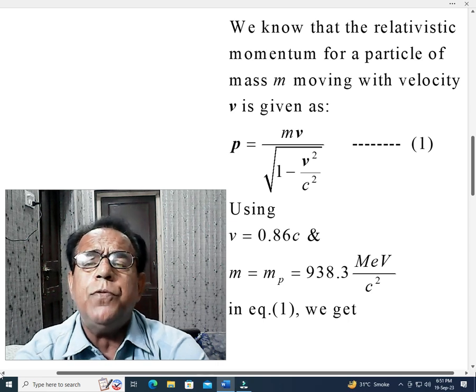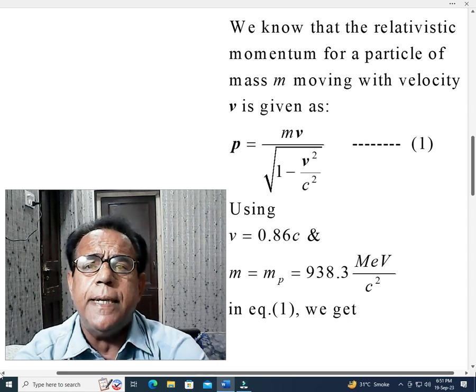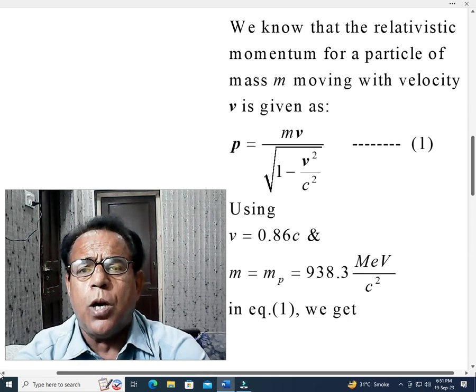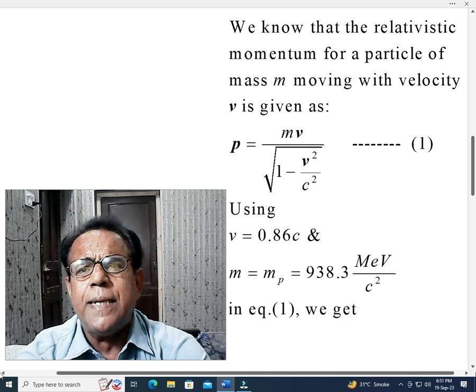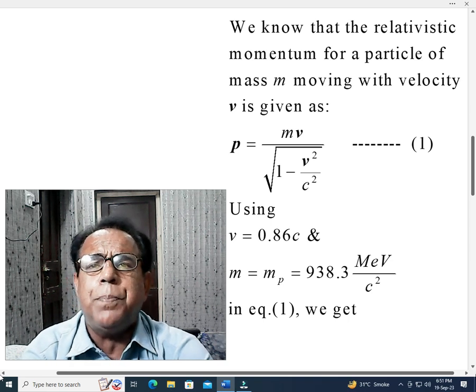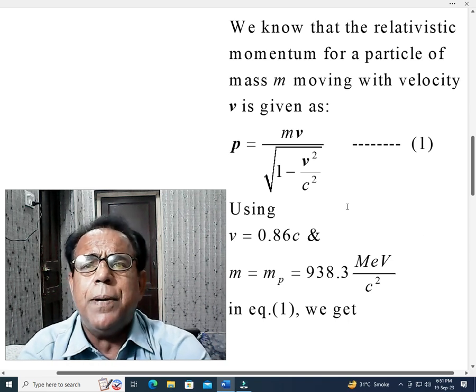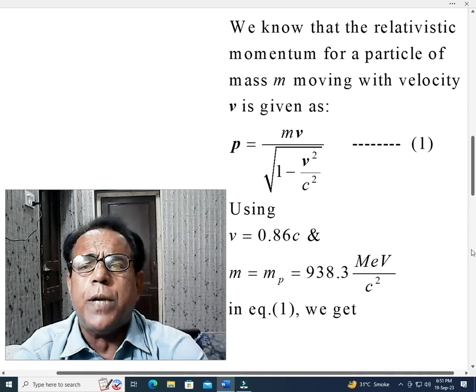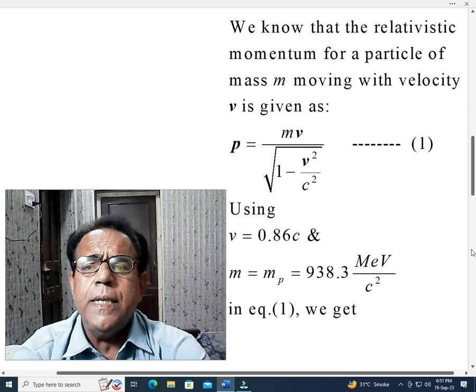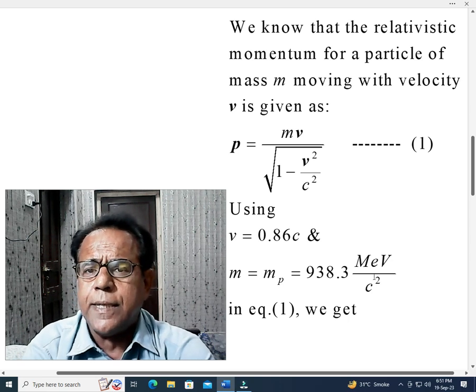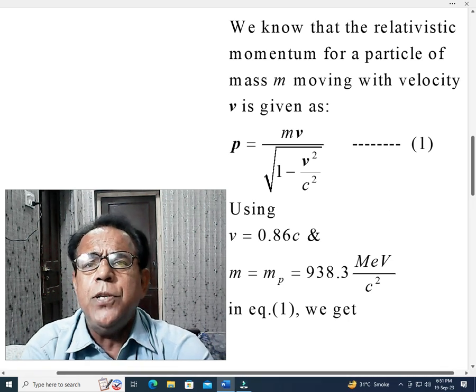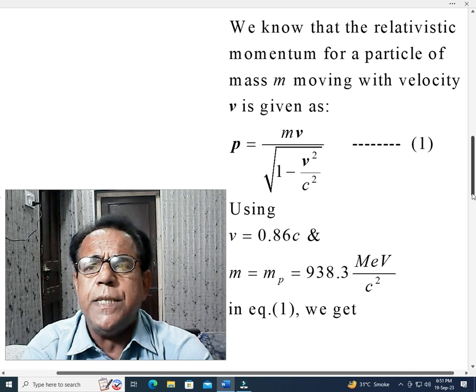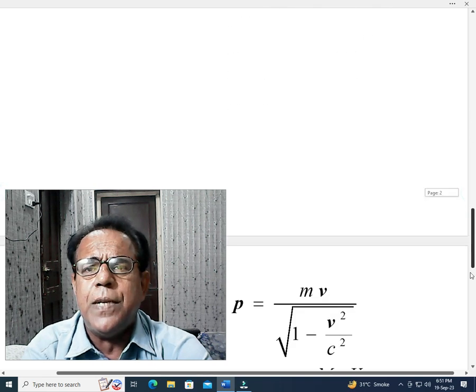Here value of v is given as 0.86 c, speed of light, and mass of proton, here denoted by simply m, while in the table it was denoted by mp, equal to 938.3 million electron volt over c square. We will use these two values in equation number 1 and we will get the answer.